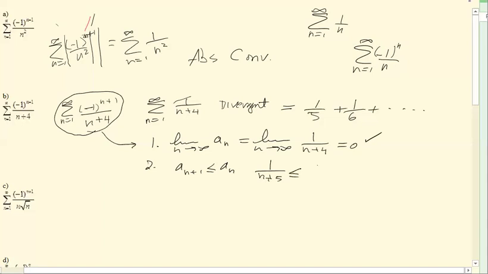And is that less than or equal to 1 over n plus 4? I think it's pretty clear that we wouldn't have to do a lot of work to show that n plus 4 is less than or equal to n plus 5. And 4 is less than or equal to 5, for all n. So we see that with these two results, this series would be convergent.